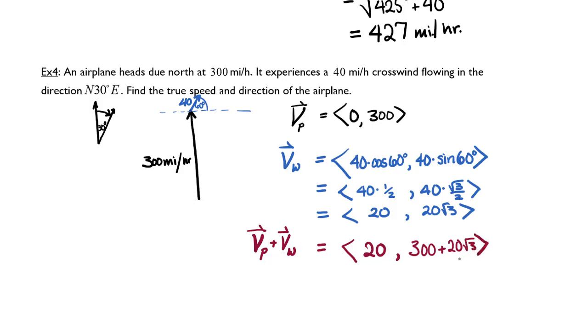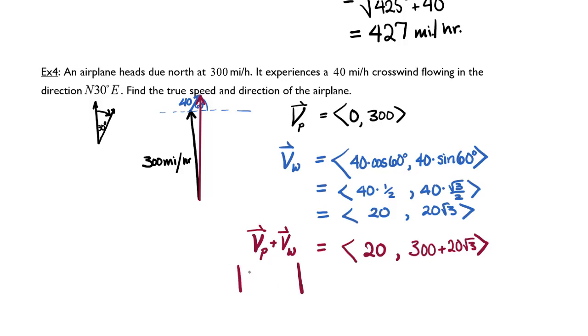And I'm going to leave that in exact form right now. I'm not going to actually calculate the decimal. If I wanted to find the magnitude of this vector, and remember this vector that we're looking for is technically this one right here.